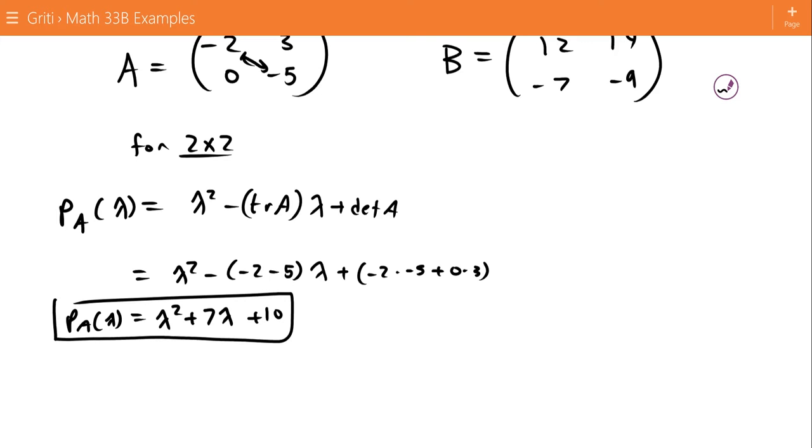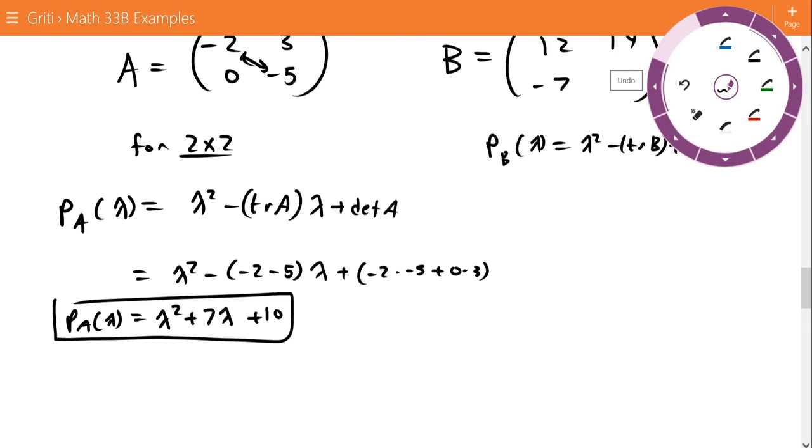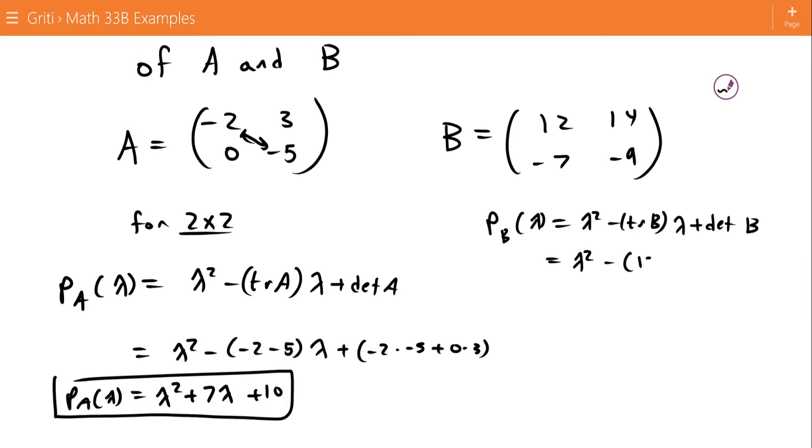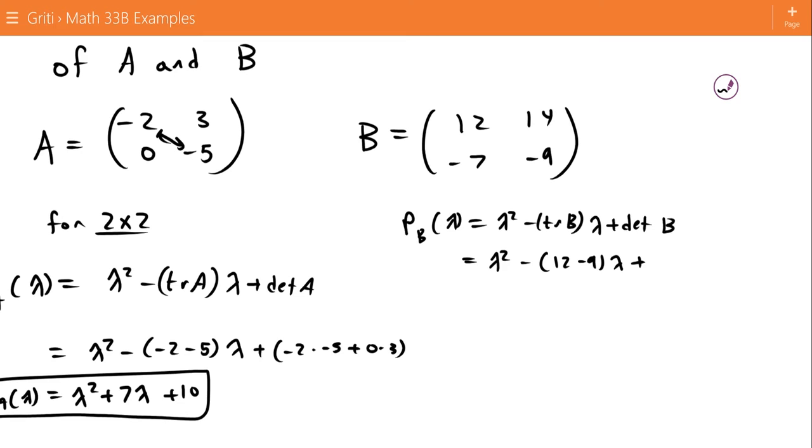For B, we can do the same thing. P B of lambda is going to be lambda squared minus the trace of B times lambda plus the determinant of B. It's going to be lambda squared minus 12 minus 9 lambda plus negative 9 times 12 minus negative 7 times 14.